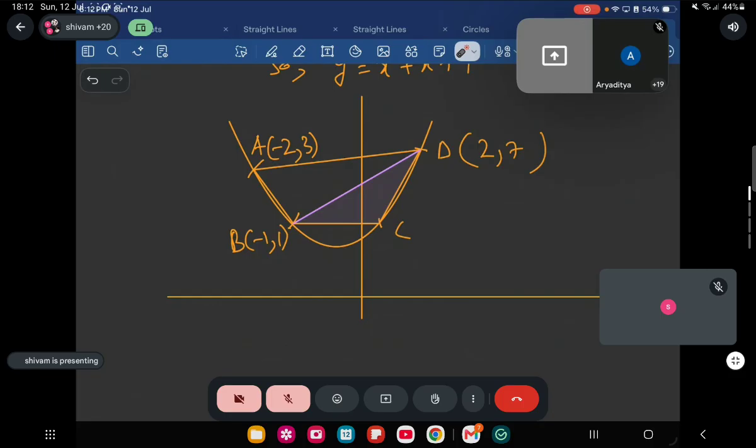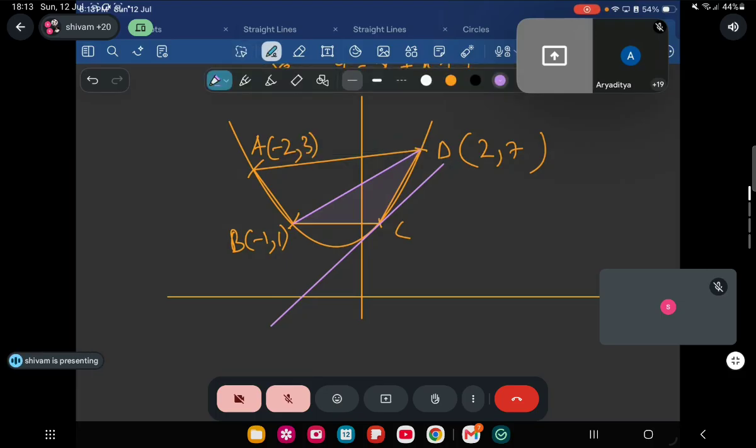Okay. Right, area of triangle ABD is fixed. For area of quadrilateral ABCD to be maximum, area of BCD should be maximum, right? If area of BCD is maximum, okay. Remember, BD is fixed. This distance should be maximum, right? Tell me. Okay. That means if you draw a tangent at C, it should be parallel to BD.